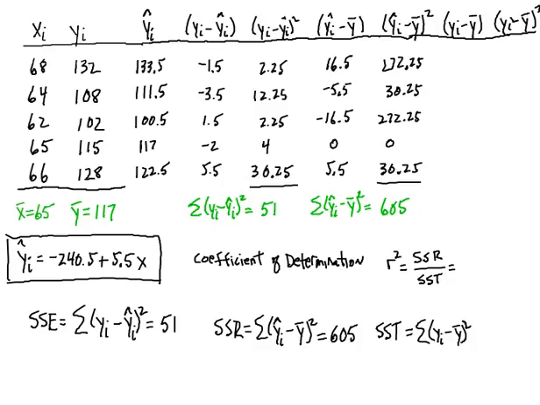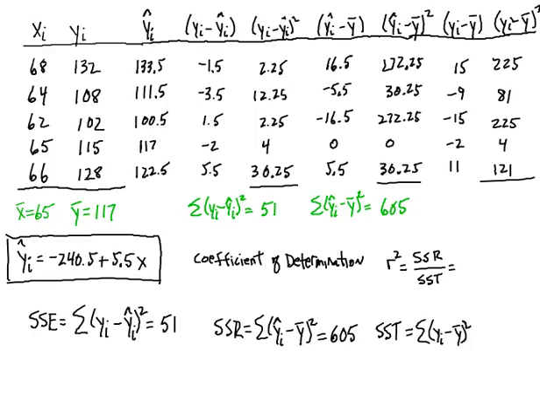We've already calculated in the first part of this problem the y sub i minus y bars, but those were 15, negative 9, negative 15, negative 2, and 11. And then I need to square those. I get 225, 81, 225 again, 4, and 121.